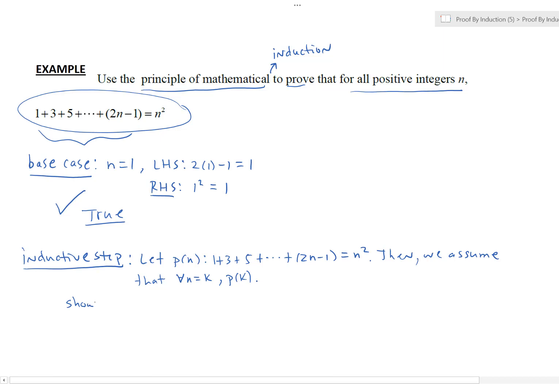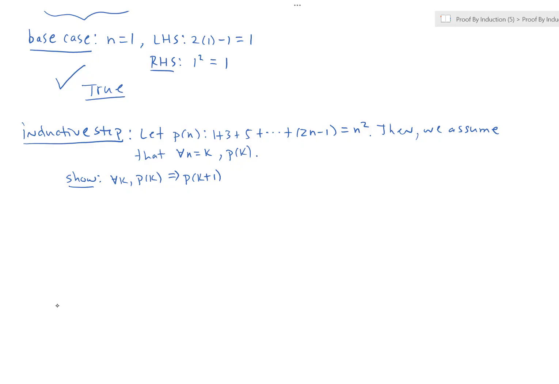We want to show in this step that assuming that p of k is always true, this always implies that p of k plus 1 is true. So what is p of k plus 1 anyways? Well, p of k plus 1, we're going to replace the n in our equation, p of n, with k plus 1. First, let's look at the left-hand side.